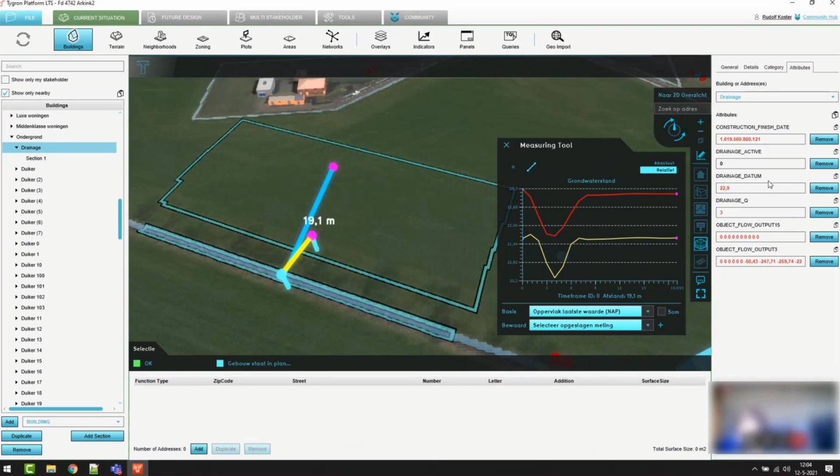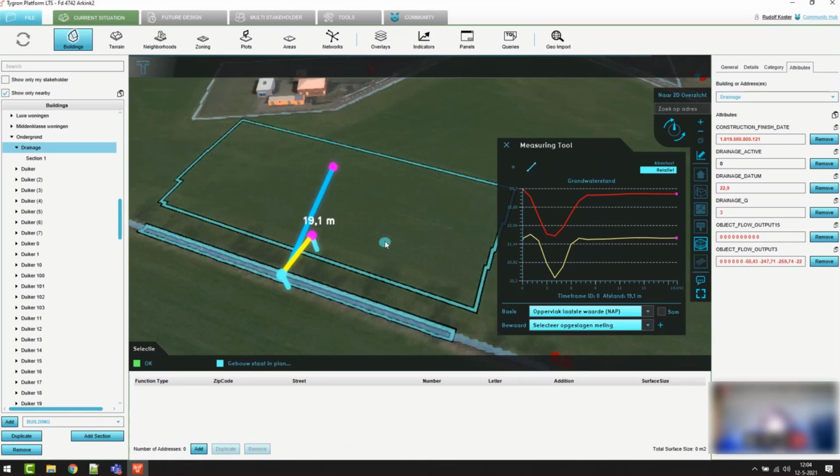When you asked this question, I reviewed the documentation and I did indeed find that one note was missing, stating that the drainage datum for passive drainage, as we have here, is actually required, because the drainage datum dictates both the height at which water can flow in on the water side and the height at which water can flow in on the groundwater side, and also can flow out.